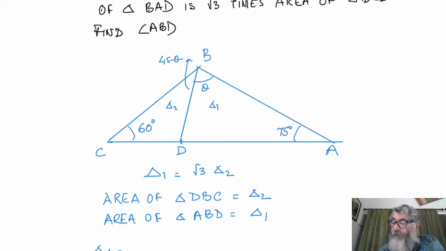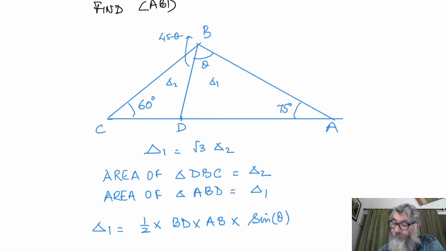Delta 1 is the area of triangle ABD. How will I calculate it? Half into BD into AB into sine theta, that is, half the product of two sides into the sine of the included angle.